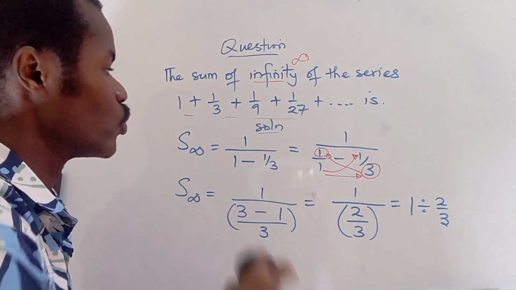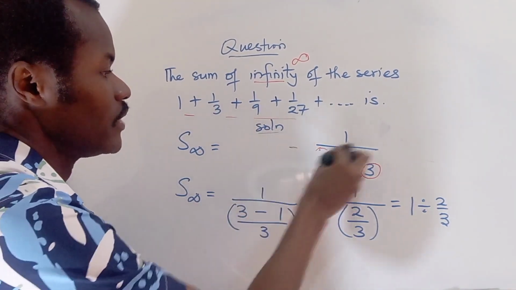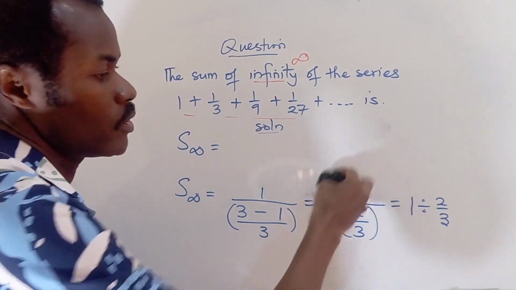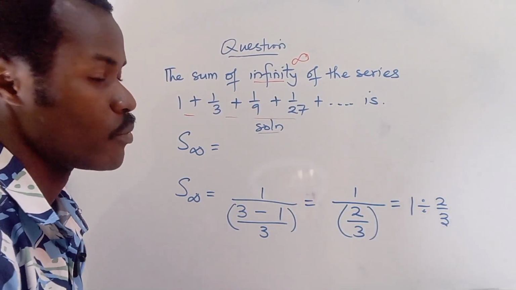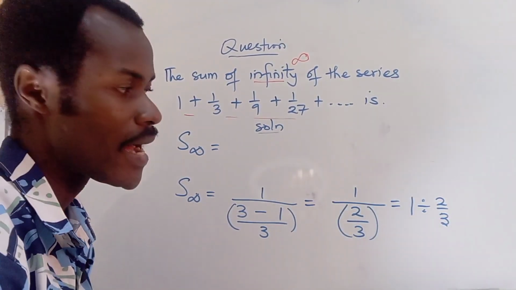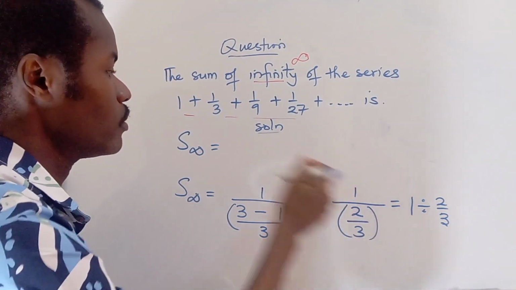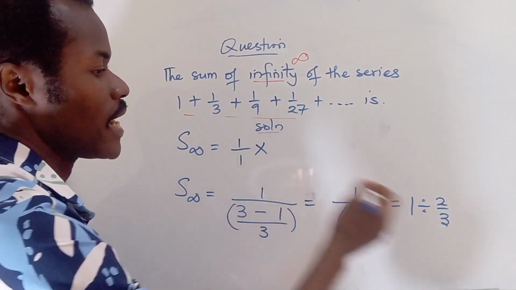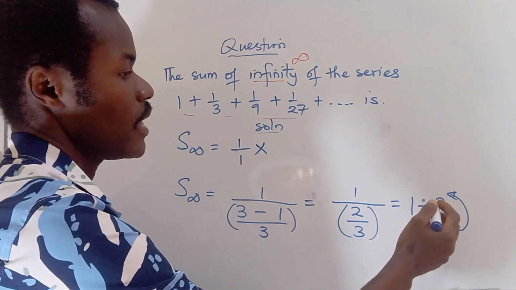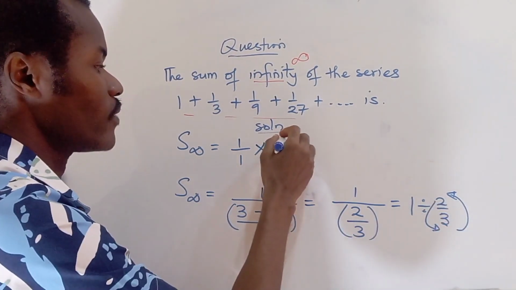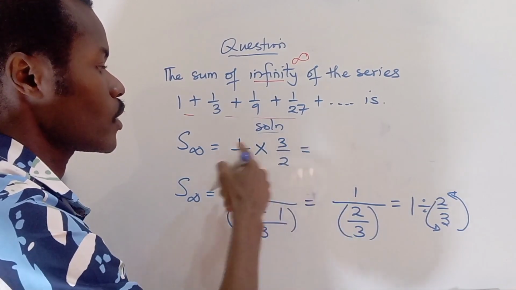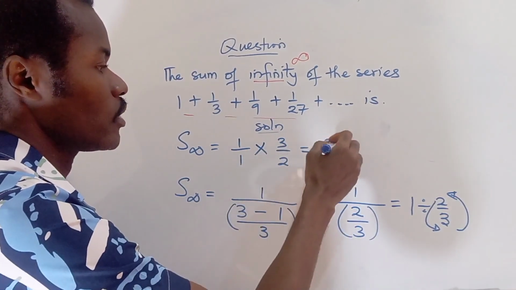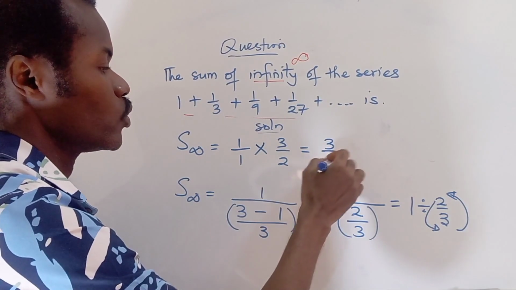So 1 divided by 2 over 3 simply means the reciprocal of 2/3. But just for the sake of clarity, I want to solve it out. So 1 means 1 over 1. We rotate this up and bring this down, so we have 3 over 2. 1 times 3 is 3, and 1 times 2 is 2.